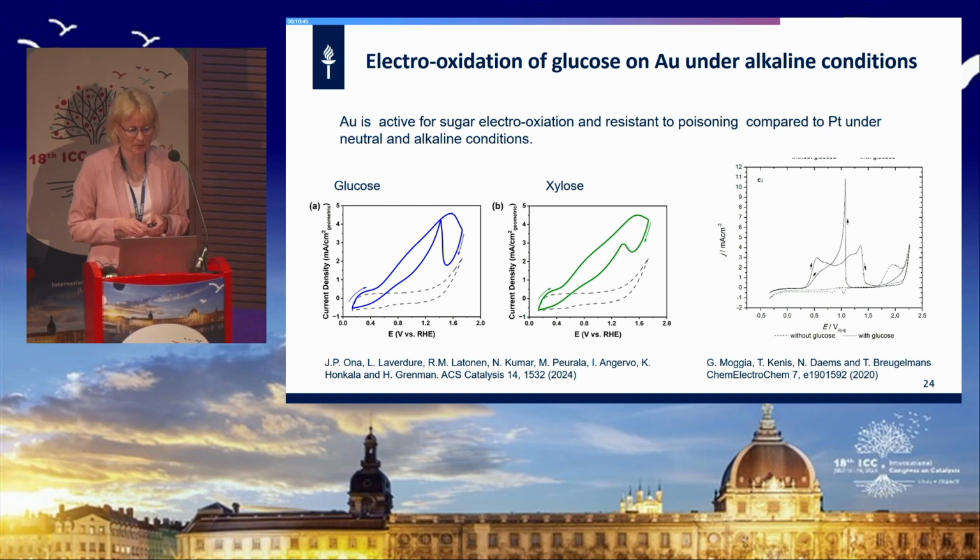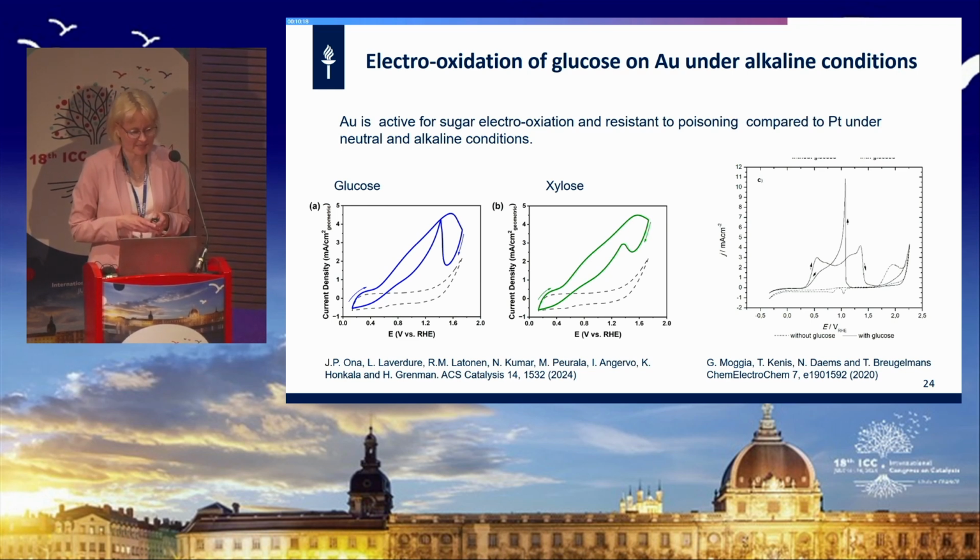Our experimental colleagues at Åbo Akademi, in the group of Henrik Grenman and his PhD student J.P. Ona, who happens to be here in the audience, carried out experiments on glucose and xylose electrooxidation on a gold nanoparticle catalyst supported on carbon. And then they approached us to ask that, okay, we would like to understand what's going on.